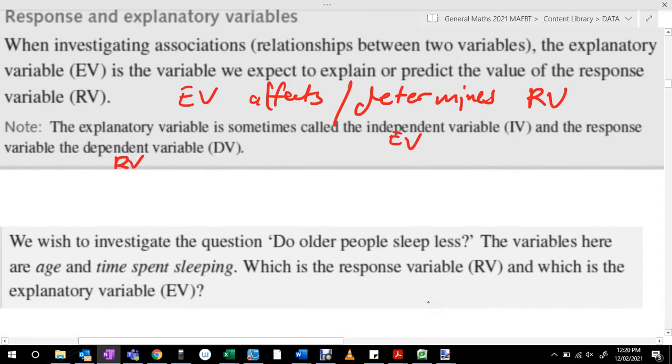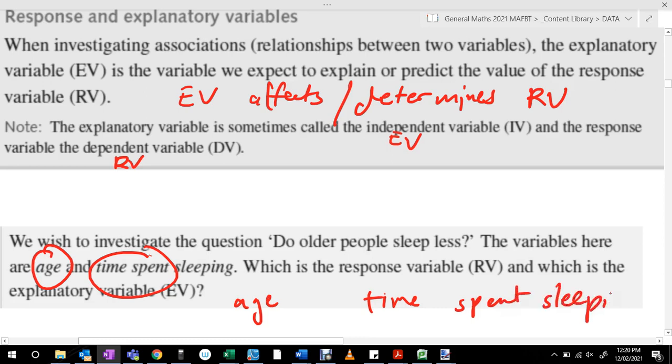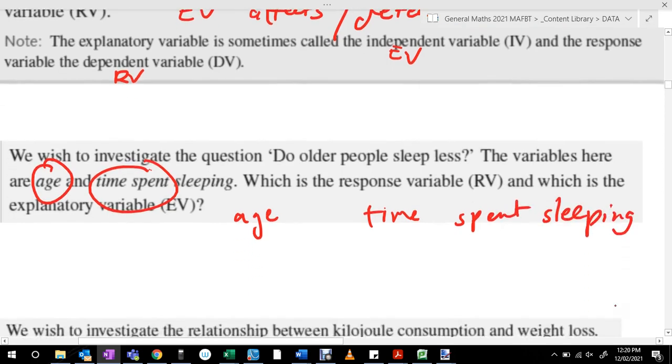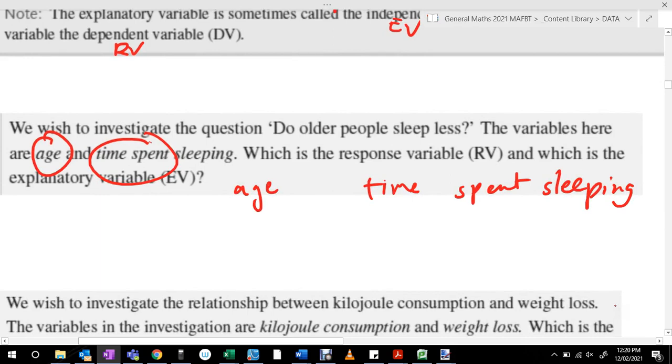An example there: we wish to investigate the question, do older people sleep less? The variables are age and time spent sleeping. So you've got two variables, age and time spent sleeping. Okay, so what do we think? Which one is EV, which one is RV? I reckon time spent is EV.